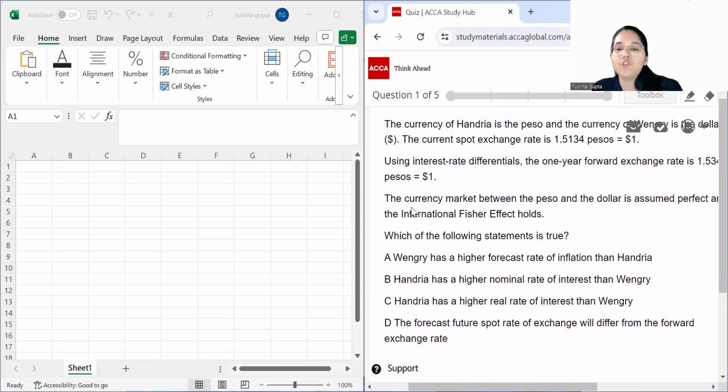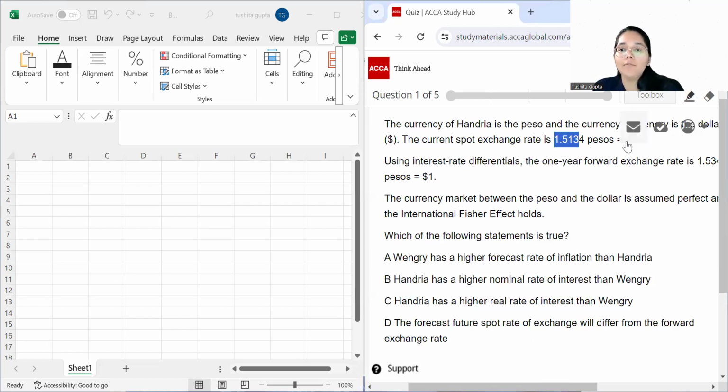So the first thing which we talk about in the international Fisher effect is, if you see the formula, you're talking about the nominal rate of interest, the real rate of interest, as well as the inflation. We have also studied that the currency will depreciate if the inflation is higher compared to the other country. So over here, our currency has depreciated.